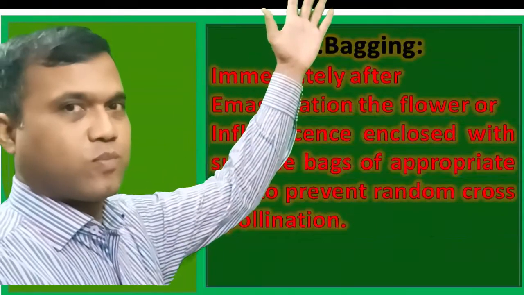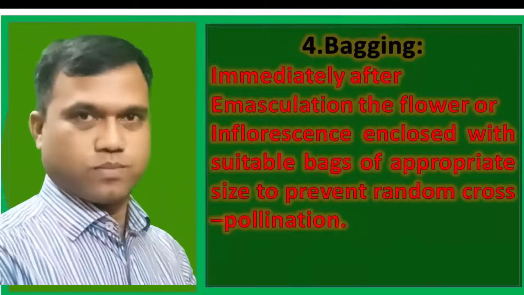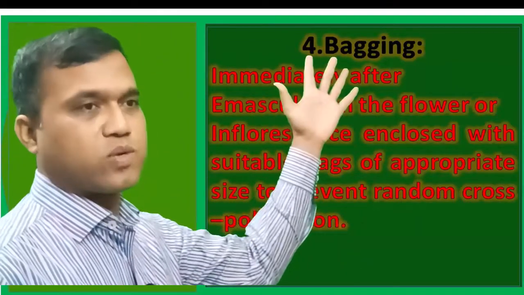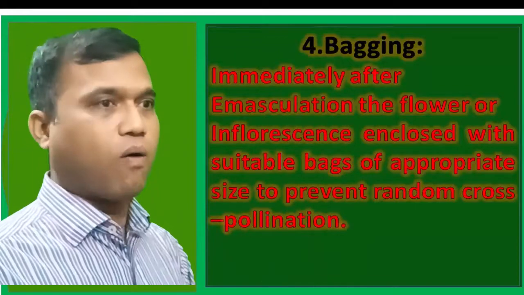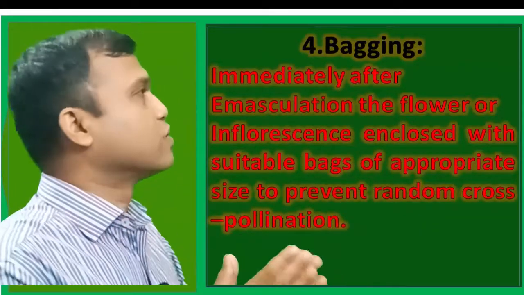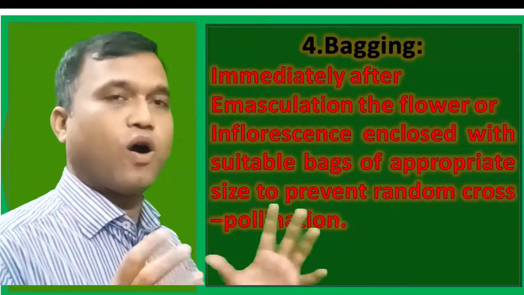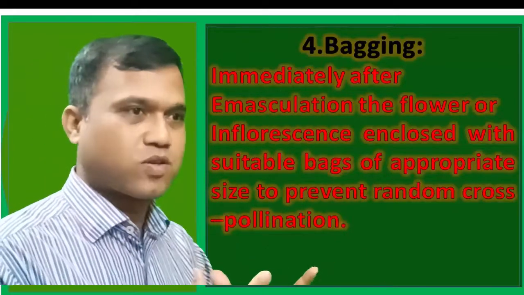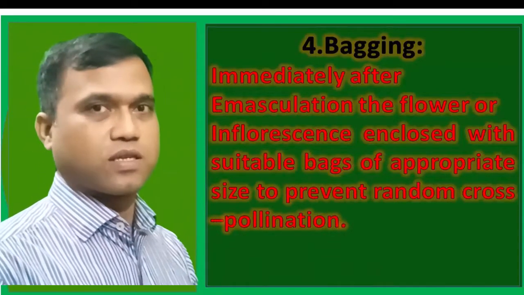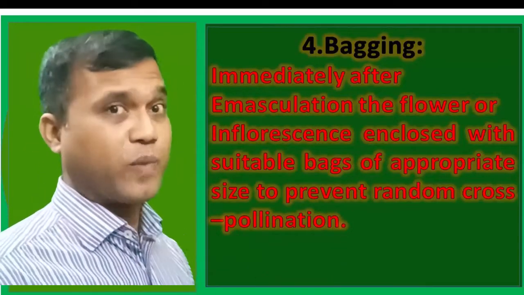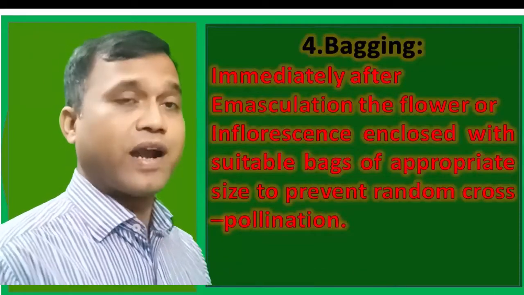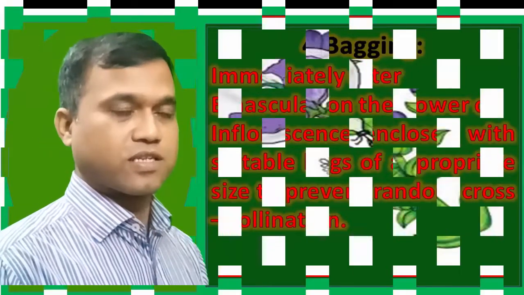Fourth step is bagging. Immediately after the emasculation process, the flower or inflorescence is enclosed with suitable bags of appropriate size to prevent random cross pollination. So the main reason for the bagging step is to prevent random cross pollination.